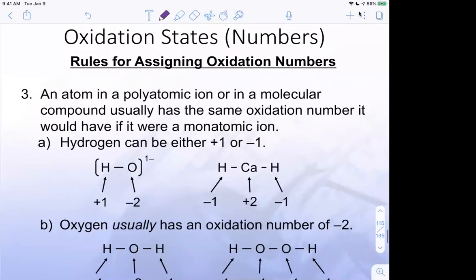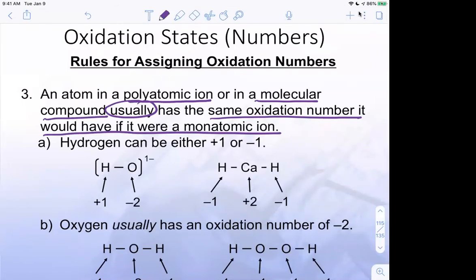So, an atom in a polyatomic ion or in a molecular compound will usually have the same oxidation number as it would if it were a monatomic ion. Hydrogen can actually be a +1 or a -1.